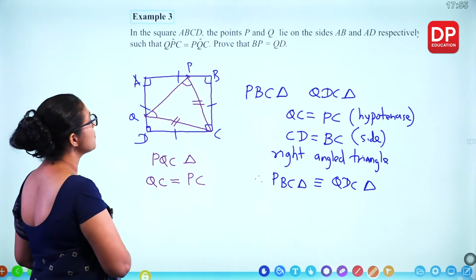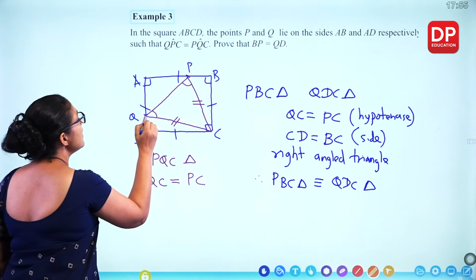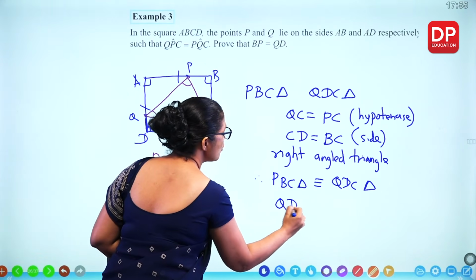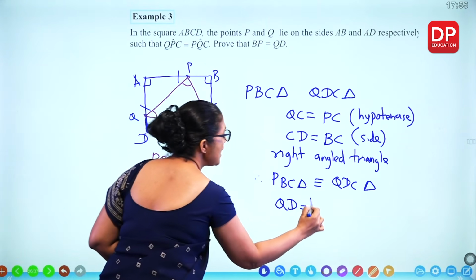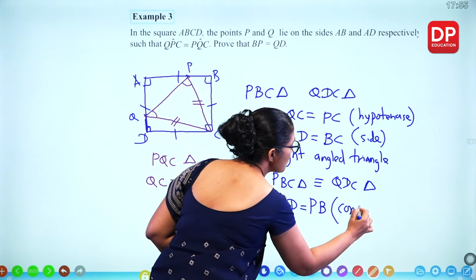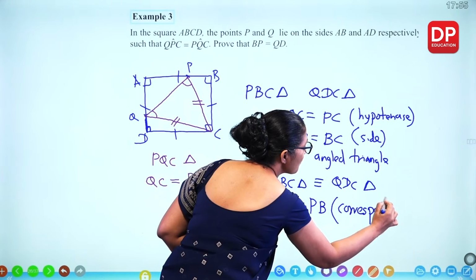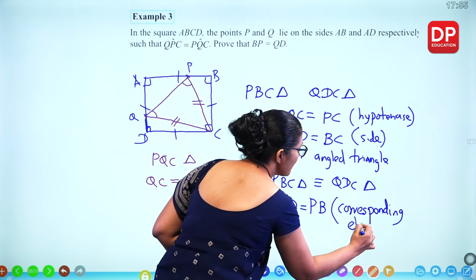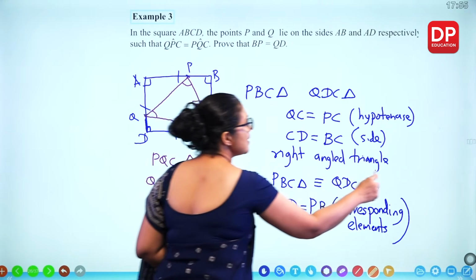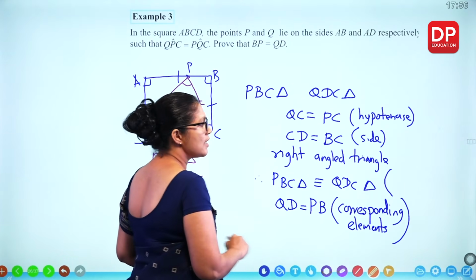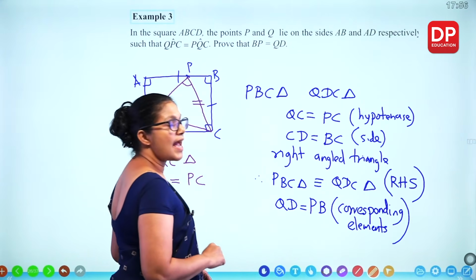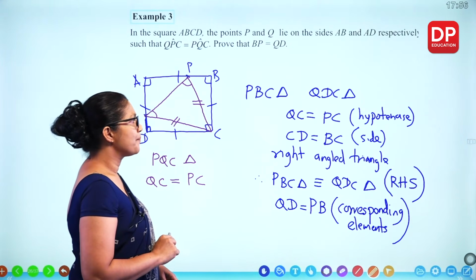So the third length QD should be equal to PB because these are corresponding elements. And also you need to identify what is the case we used? RHS. What is RHS? Right angle, hypotenuse, side.